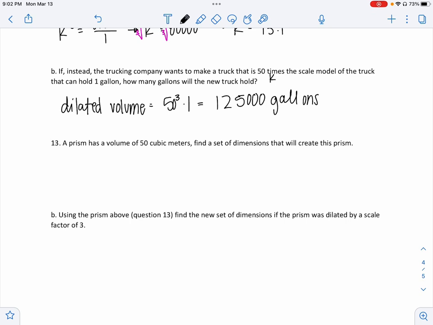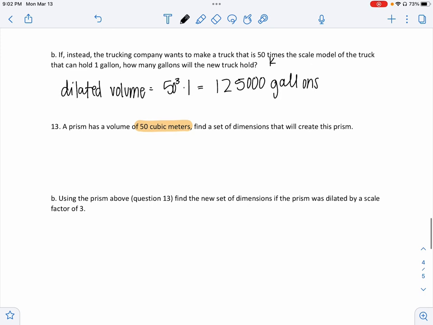A prism has a volume of 50 cubic meters. Find a set of dimensions that will create this prism. So this is very much like a question that was in the beginning. We could use 5 meters by 5 meters by 2 meters, because 5 times 5 times 2 equals 50.